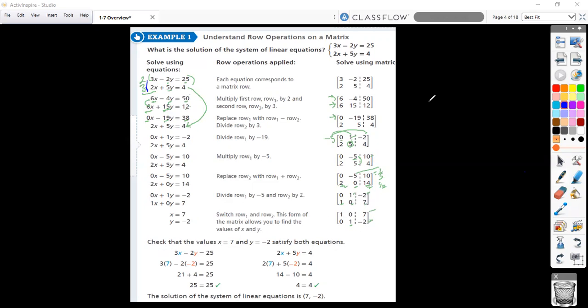But I'm also going to show you how to do this in Desmos so that you don't have to do it by hand. As far as I'm concerned, you are more than welcome to use the Desmos matrix calculator. So let's see if I can share that screen with you.